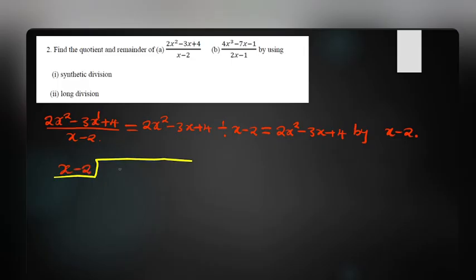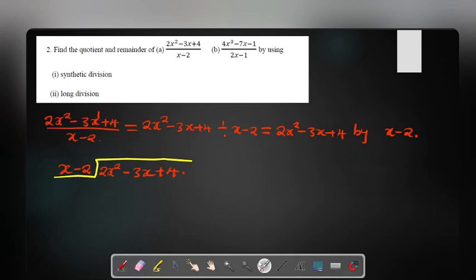Then you also check the powers, making sure that there's no power missing. If there is any power missing, you introduce a 0x with the power that is missing. But here, since we don't have any power missing, you just write the same function, which is 2x to the power 2 minus 3x plus 4.